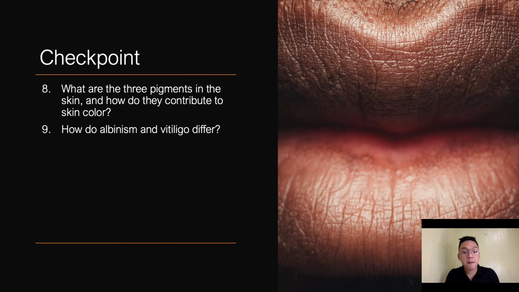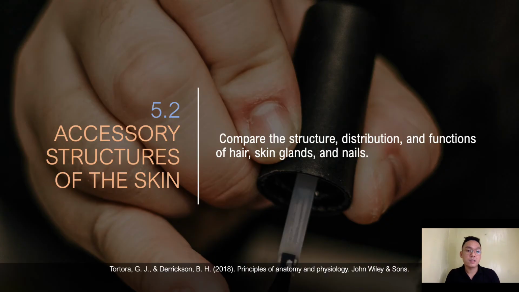Before we proceed, we have the following checkpoints. What are the three pigments in the skin and how do they contribute to skin color, and how do albinism and vitiligo differ?